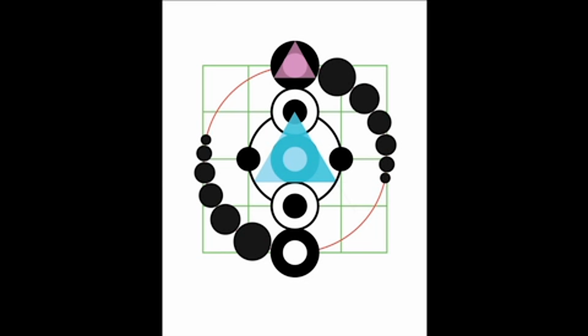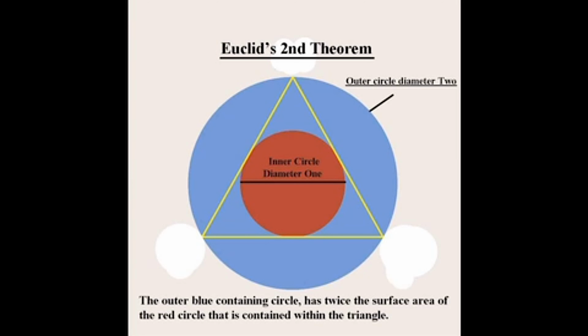Now, to show how this builds up and how it's dependent on the importance of proportion and ratio, having established it, the whole thing unfolds around Euclid's second equation, which is that if you form a circle, you place an equilateral triangle within it, and within that you place another circle.